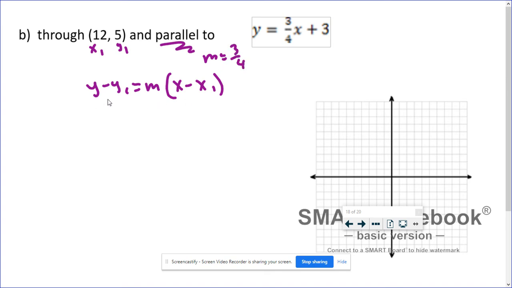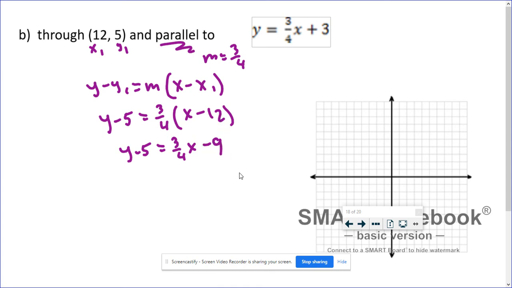When I go and substitute that information in, y minus y1 is going to be y minus 5. The slope is 3/4. And then it's x minus x1, which is 12. All right, so now when I go and distribute 3/4, 3/4 times 12, 4s would cancel out, and then I'm left with 3, so it'd be minus 9.